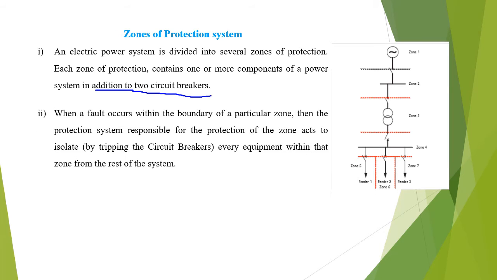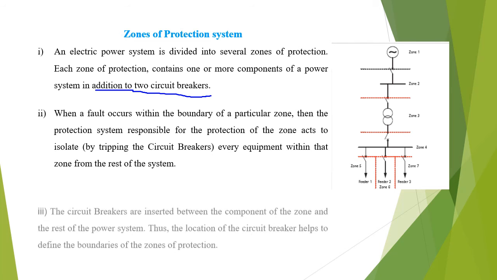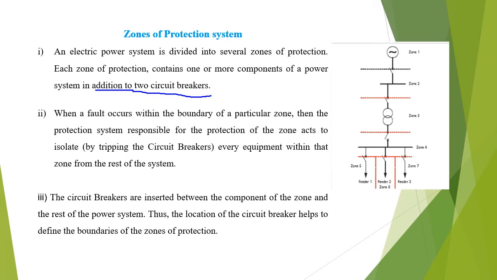When a fault occurs within the boundary of a particular zone, the protection system responsible for the zone acts by isolating the area where we have the fault. The circuit breakers are inserted normally between the components of the zones and the rest of the power system. Thus, the location of the circuit breaker helps to define the boundary of the zones of protection.